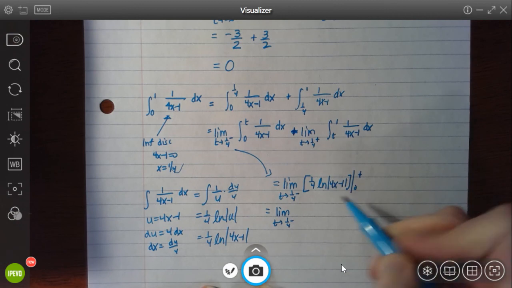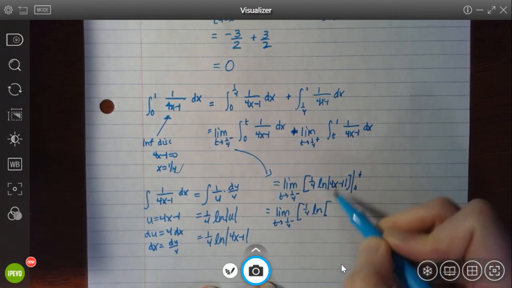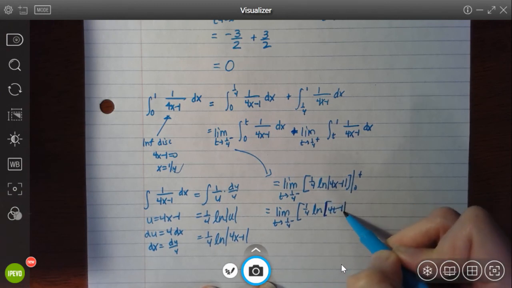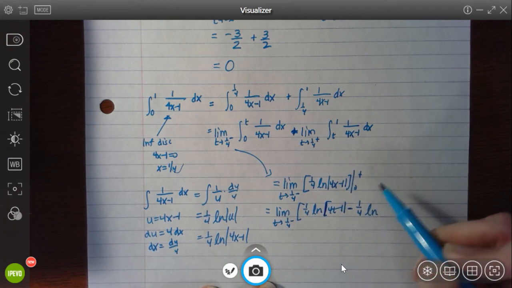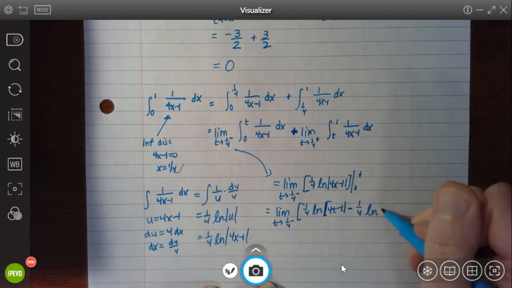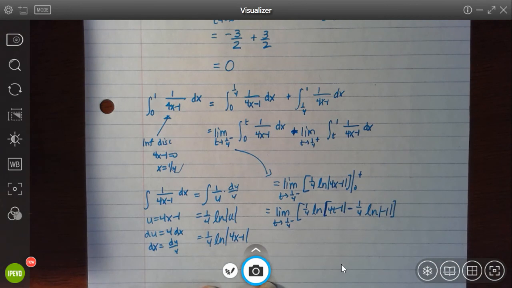And if I go to evaluate this, I'm going to get 1/4 the natural log of the absolute value of 4t minus 1, minus 1/4 the natural log of the absolute value of -1. Okay, now this piece right here, the natural log of the absolute value of -1 is the same thing as the natural log of 1, and we know that that is 0.